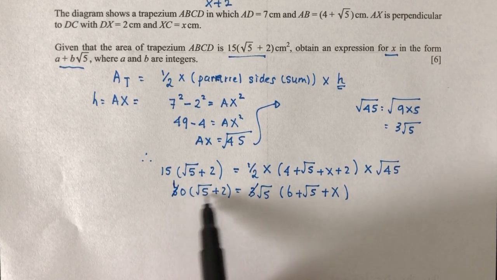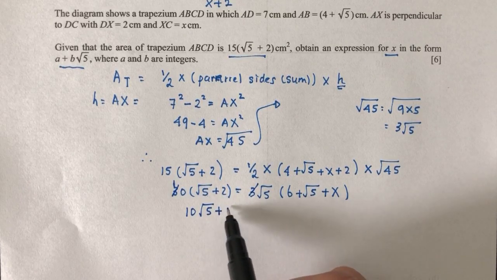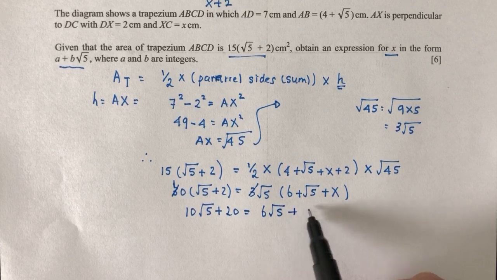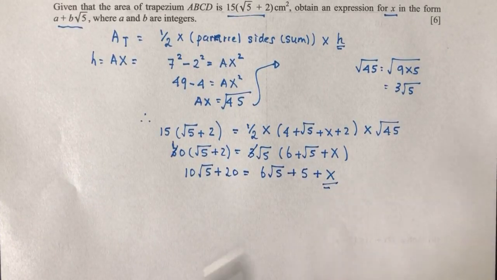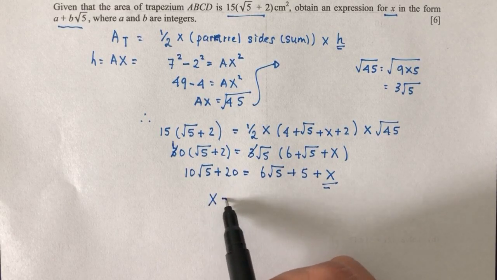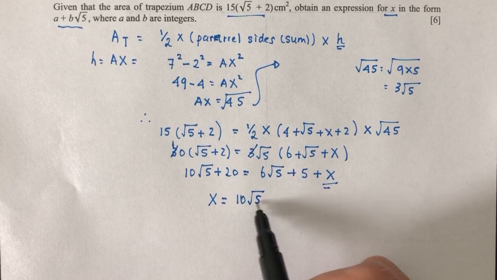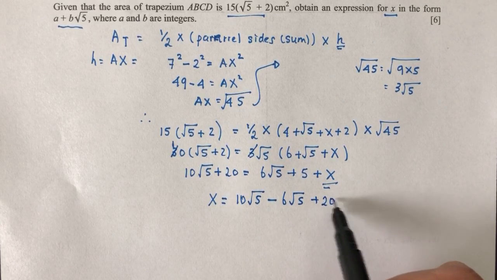Let's try to expand the bracket. So we have 10 square root of 5 plus 20 equal to 6 square root of 5 plus 5 plus x. So now let's make x the subject of the formula. So x will be equal to, we send these over here, 10 square root of 5 minus 6 square root of 5 plus 20 minus 5.